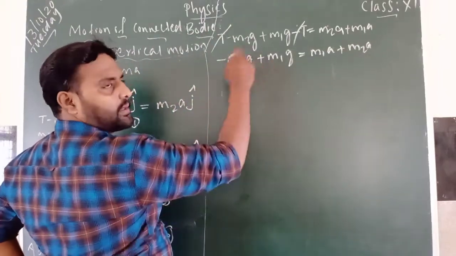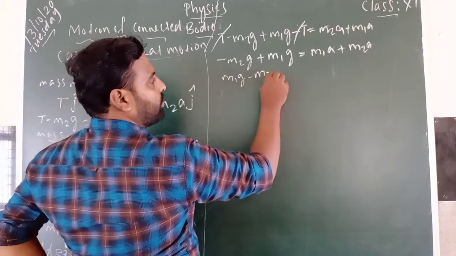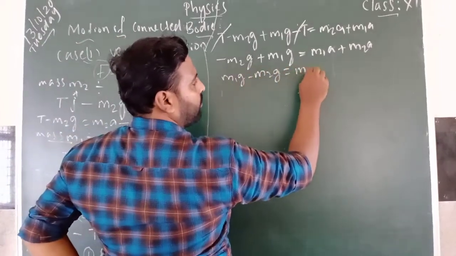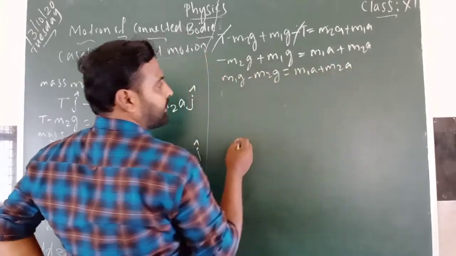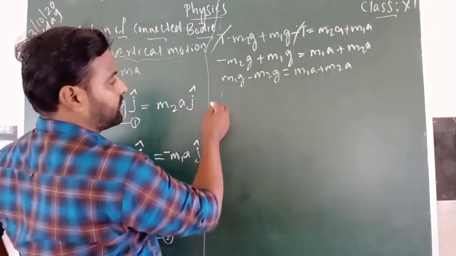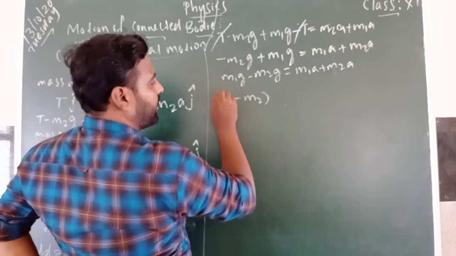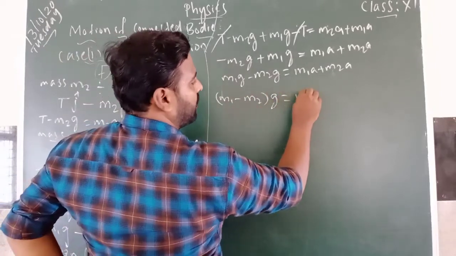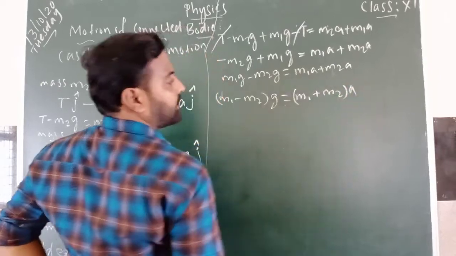Now rearrange this: M1G minus M2G equal to M1A plus M2A. Here G is common, here A is common, take it outside. So M1 minus M2 into G equal to M1 plus M2 into A.